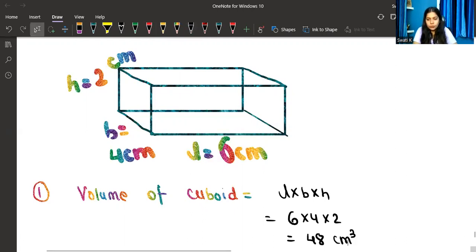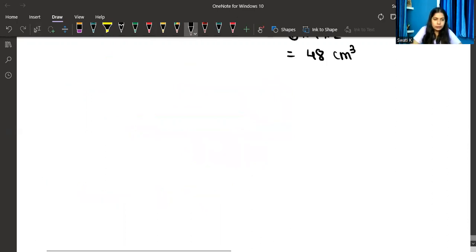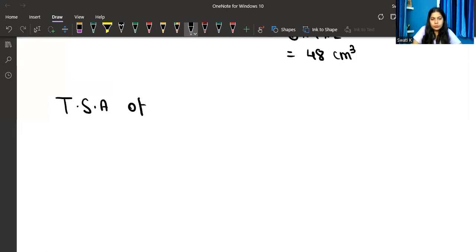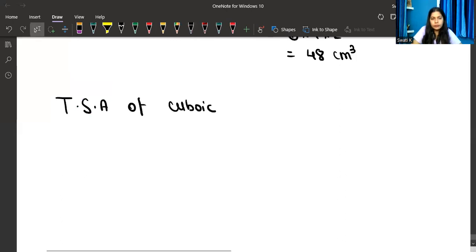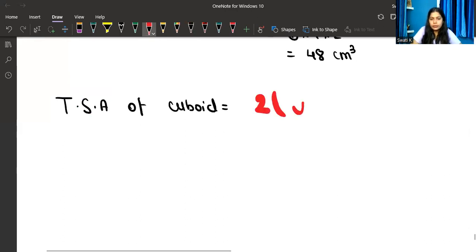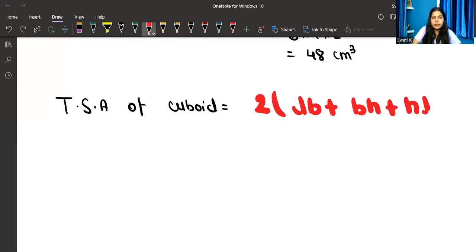Now we can go to the total surface area. So for total surface area, let's write down TSA of cuboid. So total surface area of a cuboid, we know the formula. The formula is 2 times (L into B plus B into H plus H into L), right? So we are simply going to substitute the values. So 2 times (L is 6, B is 4.